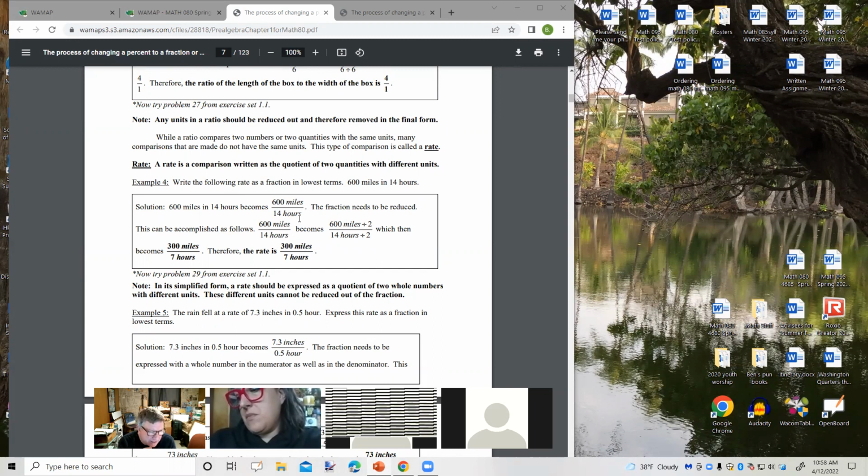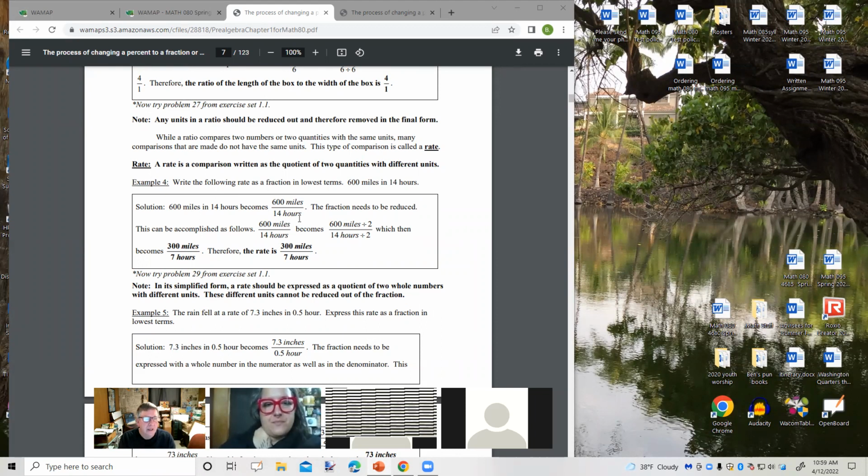So how does a rate differ from a ratio? A ratio is either a comparison of two numbers, or initially a comparison of two numbers with units attached, but they're the same or compatible units. So in the process of simplifying a ratio, we get rid of the common units.